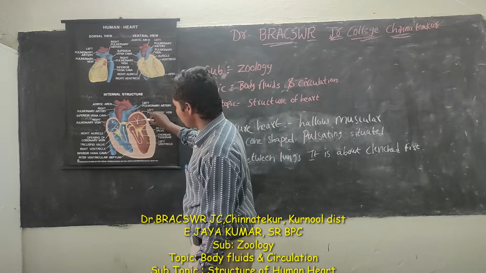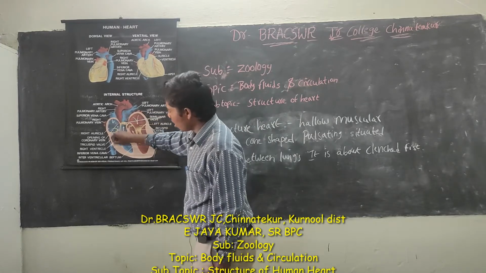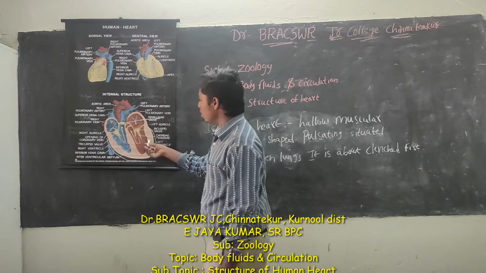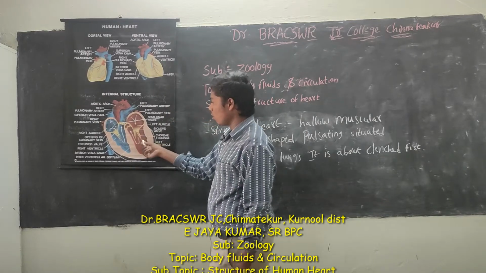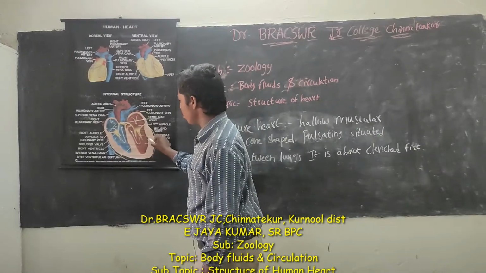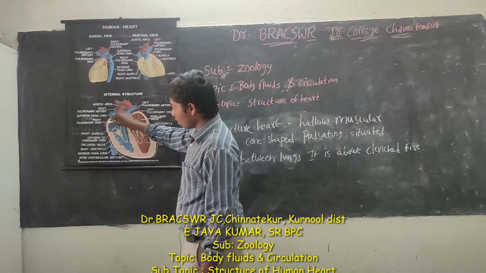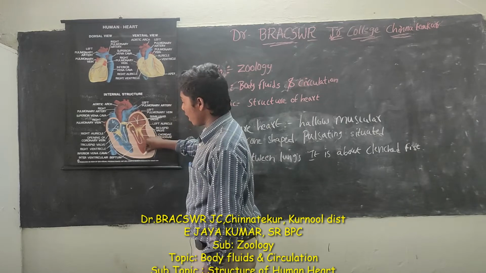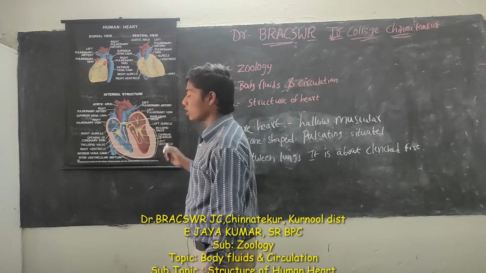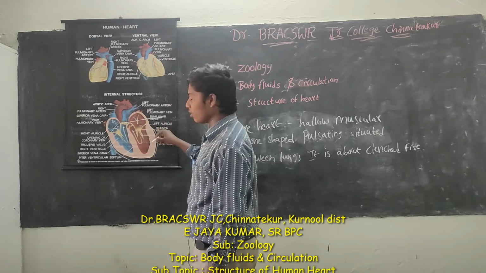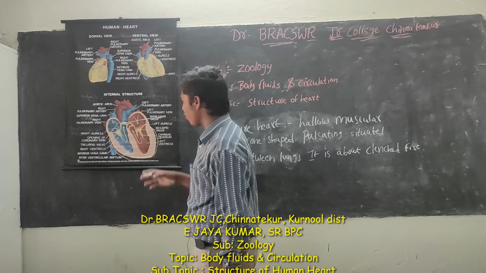Outer means on the outside, and inner means the inner side. Between the two layers is pericardial fluid, which reduces friction and allows free movement of the heart.